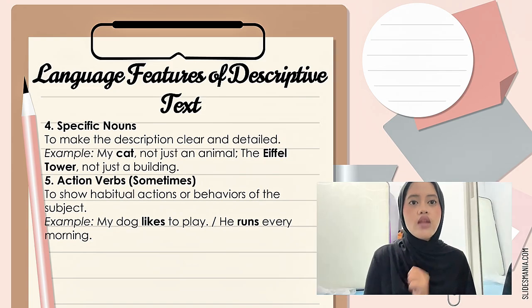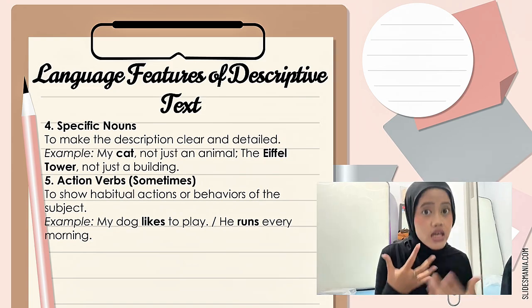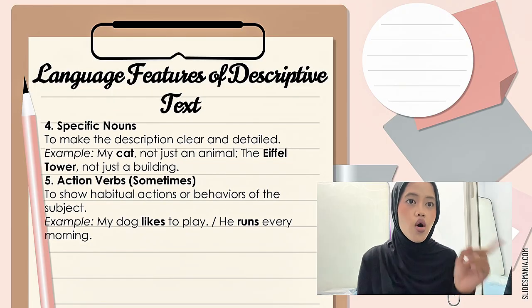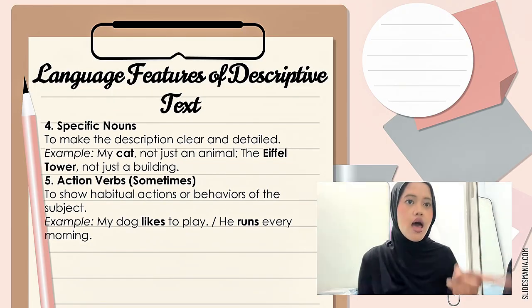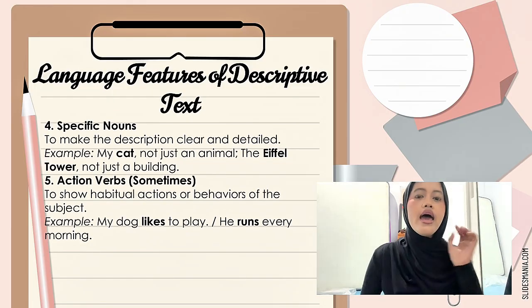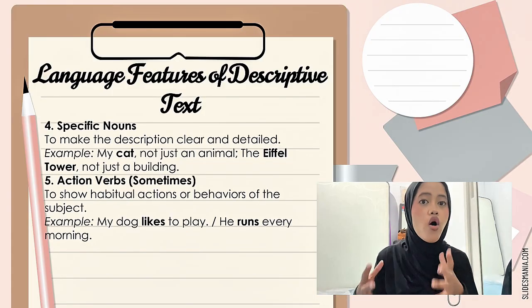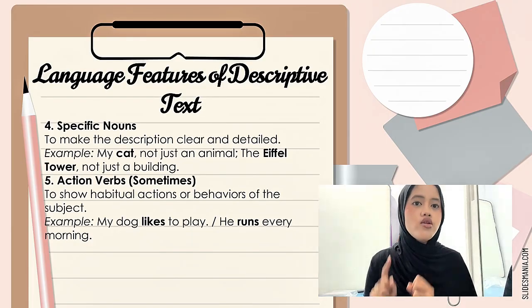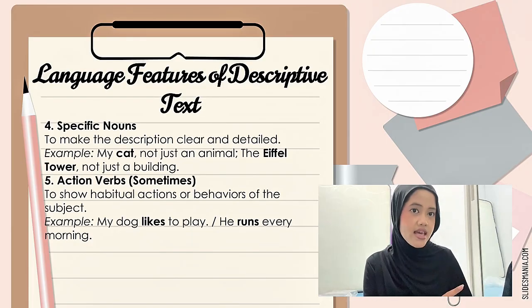Fourth, specific nouns to make the meaning clear. For the example, the Eiffel Tower, my cat, the city park. And last, action verbs to show habits or behaviors. For the example, my dog likes to play.